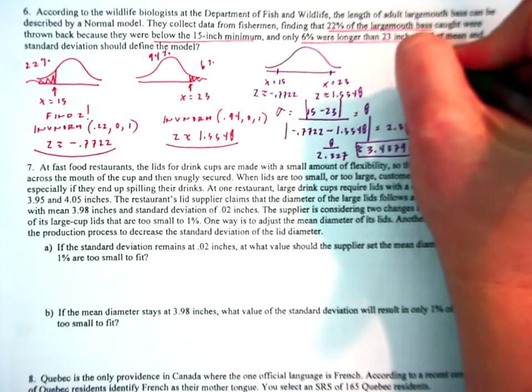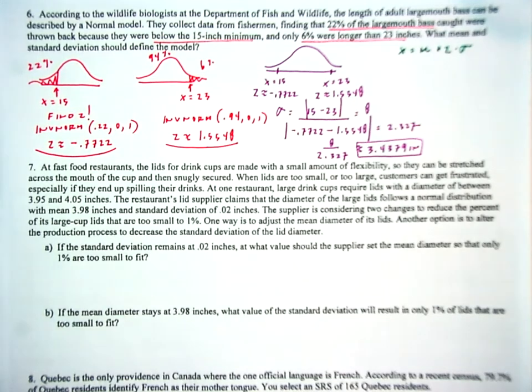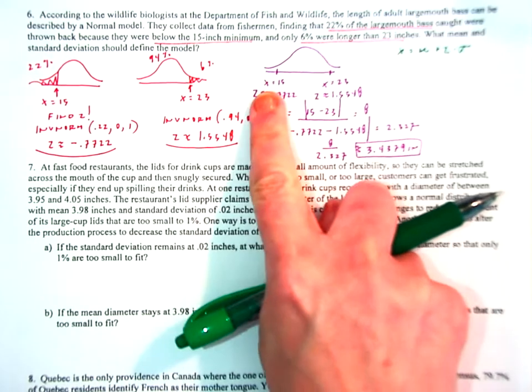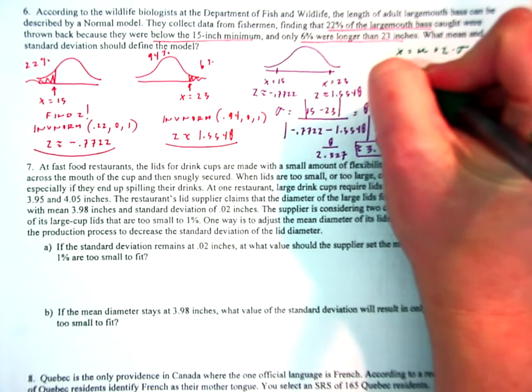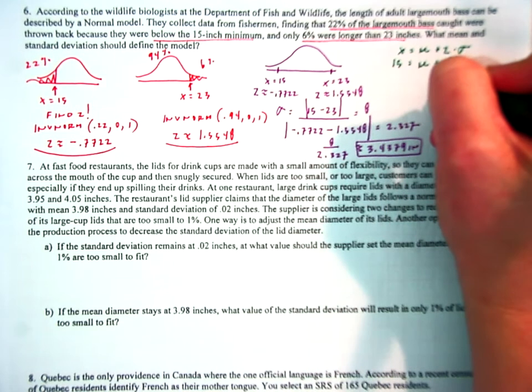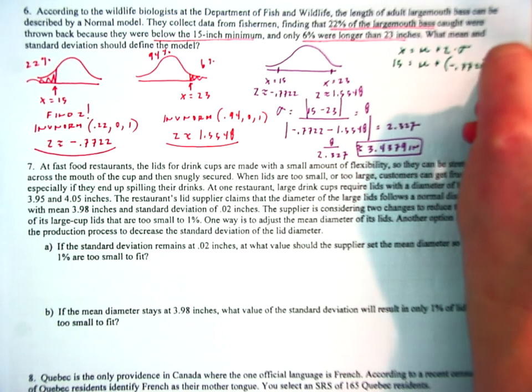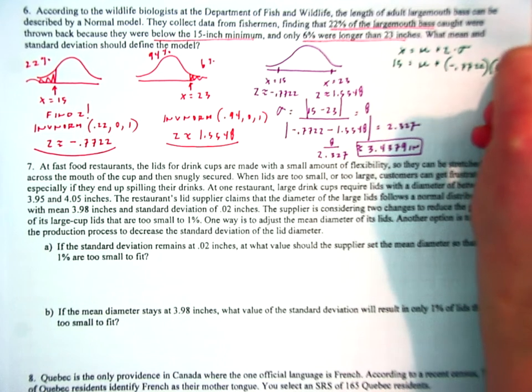So x equals the mean plus the z-score times the standard deviation. I know that I can build off here or here. I'm going to build off the first one. It's what I typically do. So 15 equals the mean plus the z-score, negative 0.7722, times the standard deviation I just solved for, 3.4379.